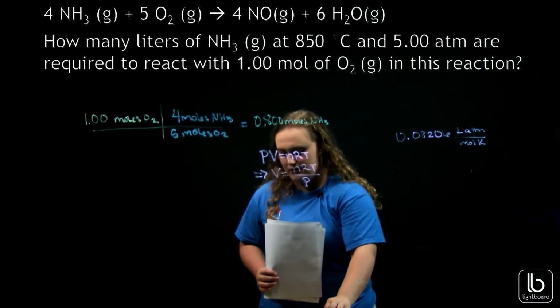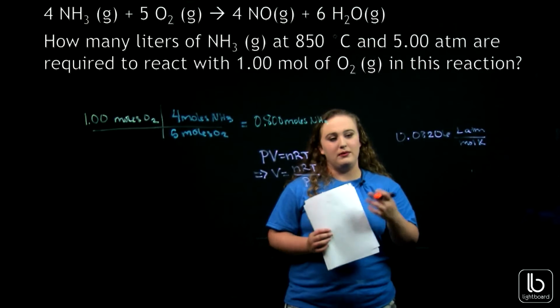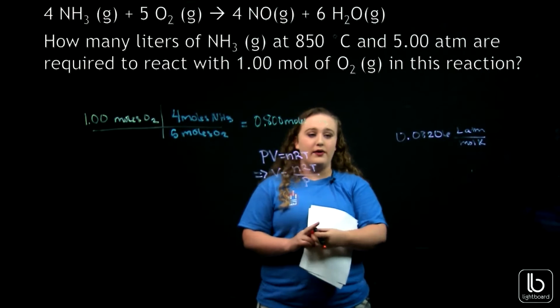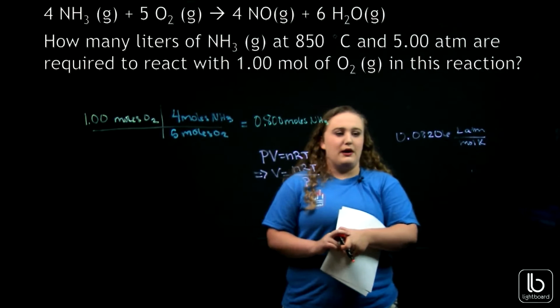So don't worry if you don't know them now. Maybe jot them down on a note card. The more you practice, the more you're going to become familiar with, oh, I need to use this R value. So that will be our R value.